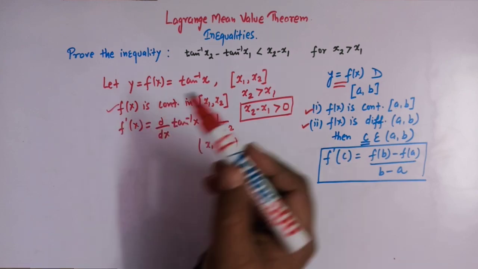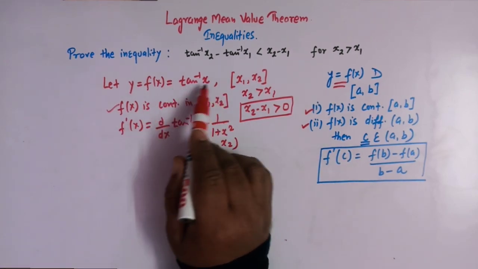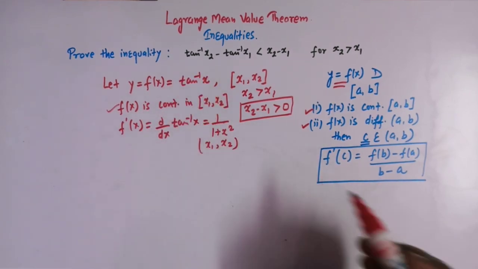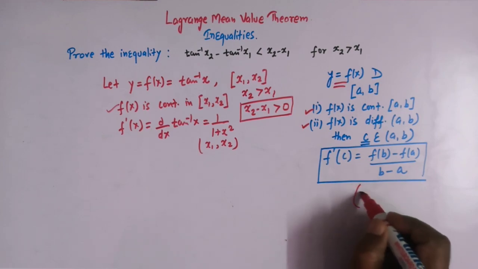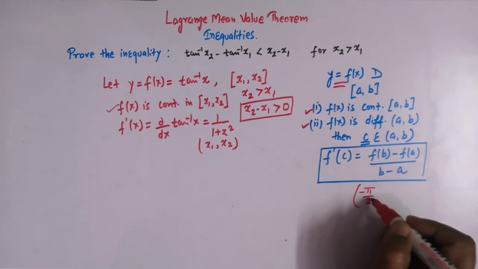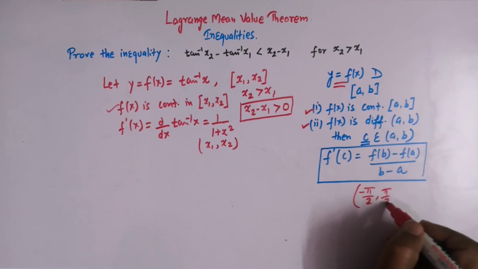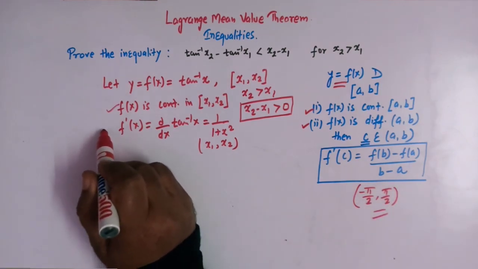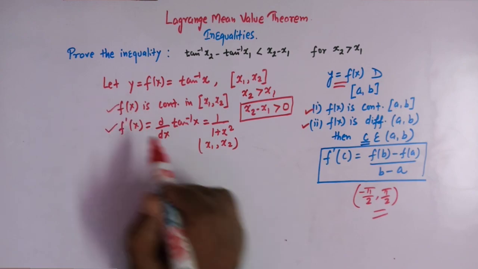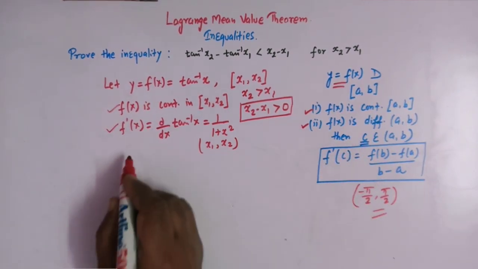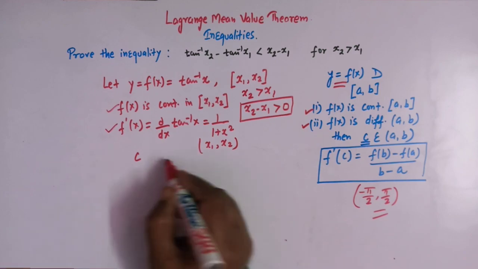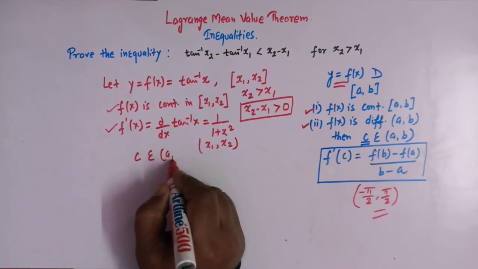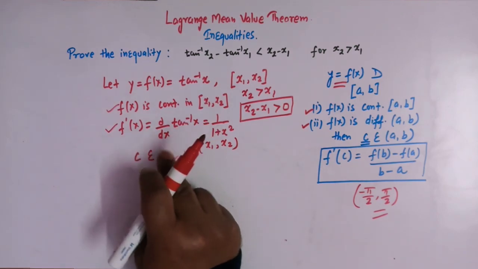Moreover, we know that the principal value branch of tan inverse x is given by the interval minus pi by 2 to pi by 2. Now these two conditions are satisfied, hence there must exist some point, say c, which belongs to this interval, that is a comma b.